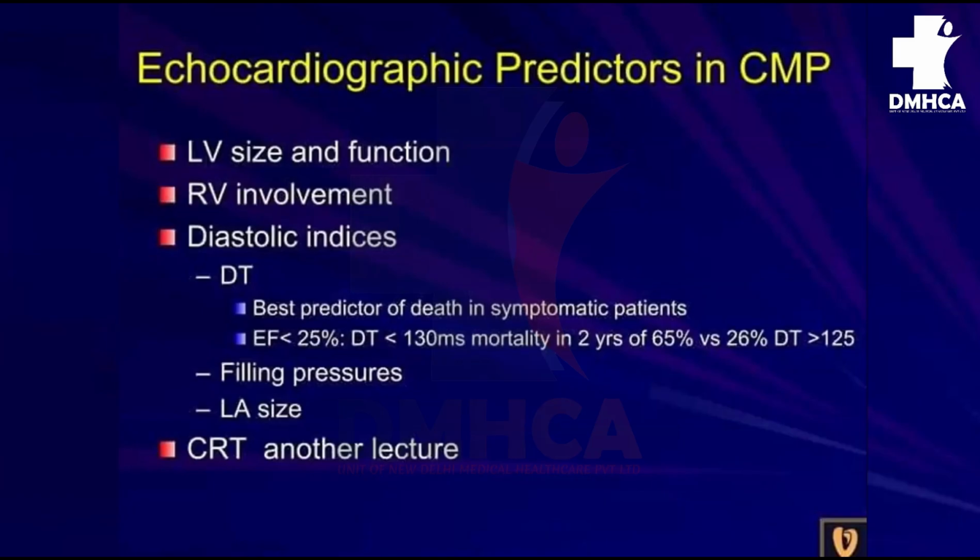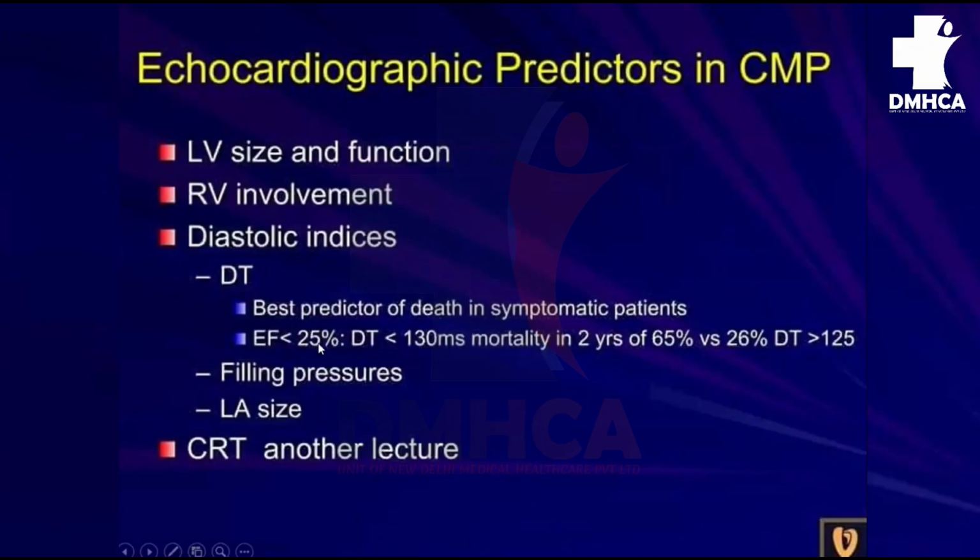So the more the LV is dilated, the worse the prognosis. RV dysfunction, that also you have to see. Diastolic dysfunction is there or not, you have to find out from the echocardiography. The prognosis is also bad in diastolic dysfunction.